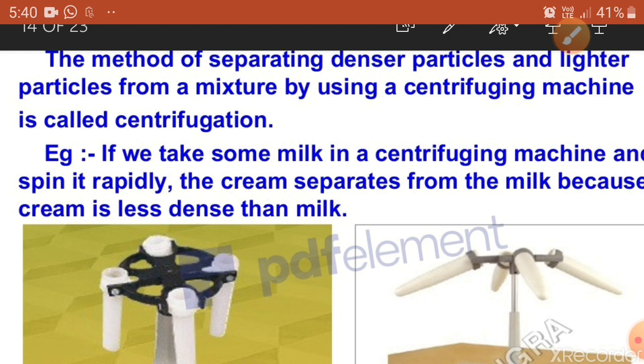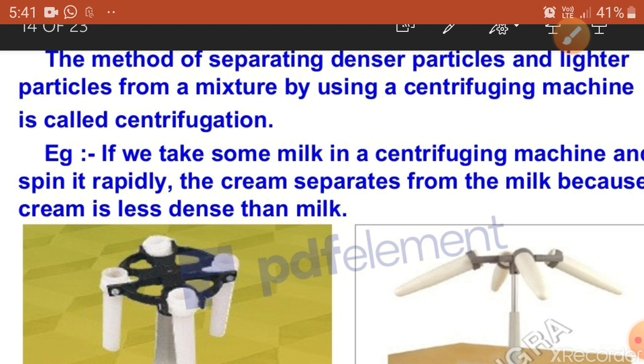The solid particles will remain in the filter paper, and the liquid will pour down into the other container. But sometimes the solid particles in the liquid are very small and they pass through the filter paper. In that case filtration does not work. Such mixtures are also sometimes separated by the process of centrifugation.